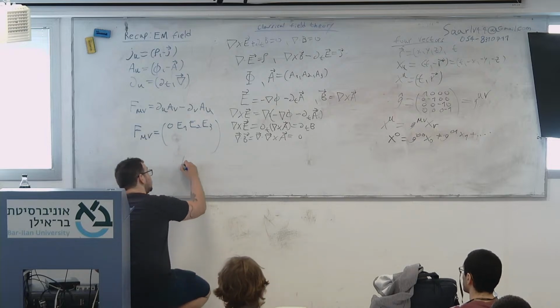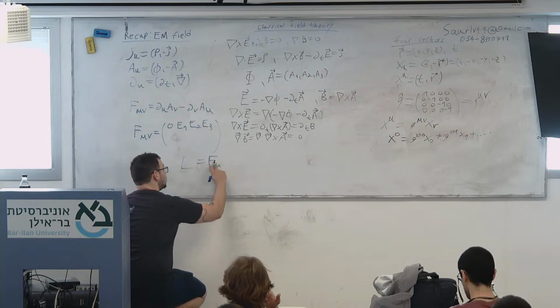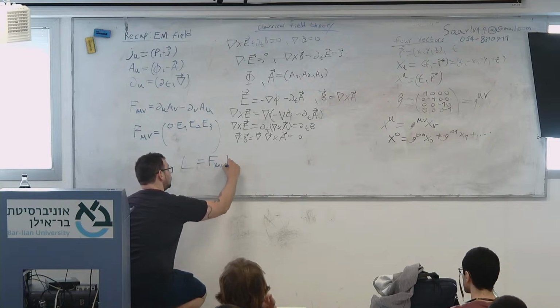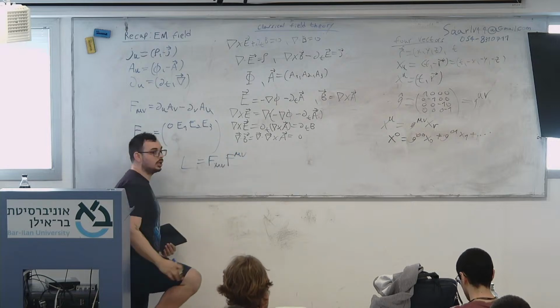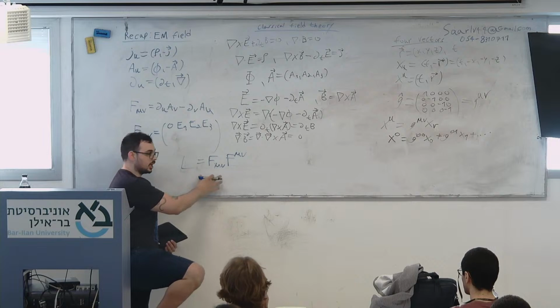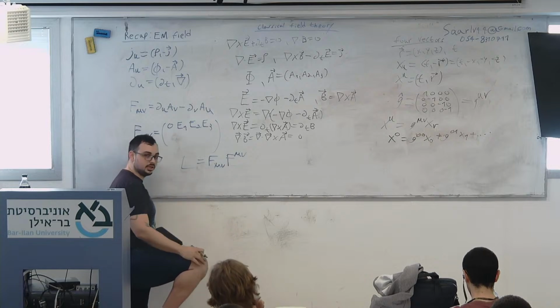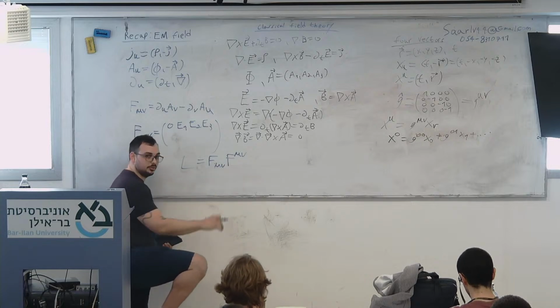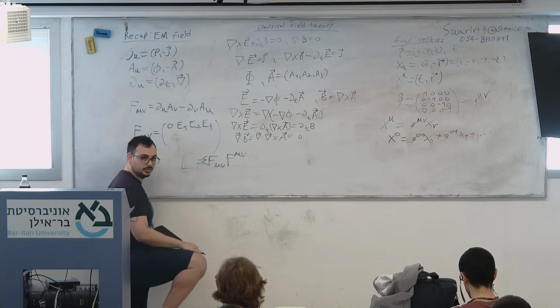In the future, we'll talk about the Lagrangian, and we'll see that we have a term that goes like F mu nu. Again, this might seem like a multiplication of two matrices, so it will give us a third matrix, but we know that the Lagrangian is a scalar, so this also has to be a scalar. So instead of a matrix, there's like a hidden sum here that we don't write.